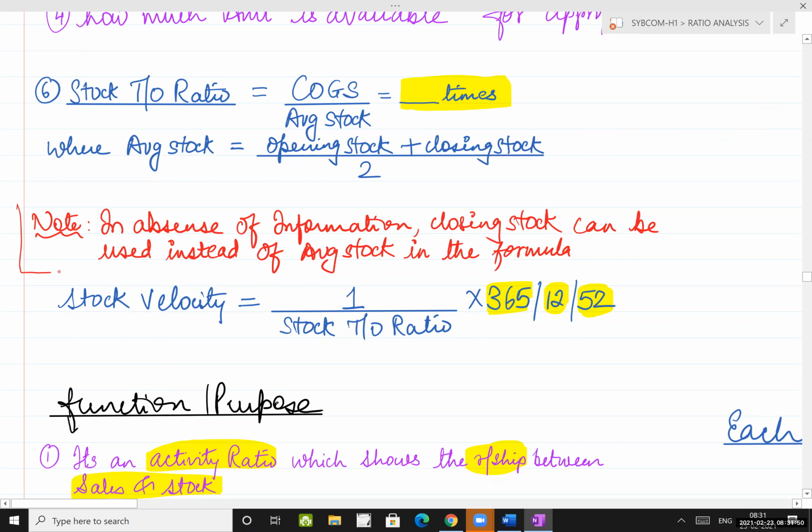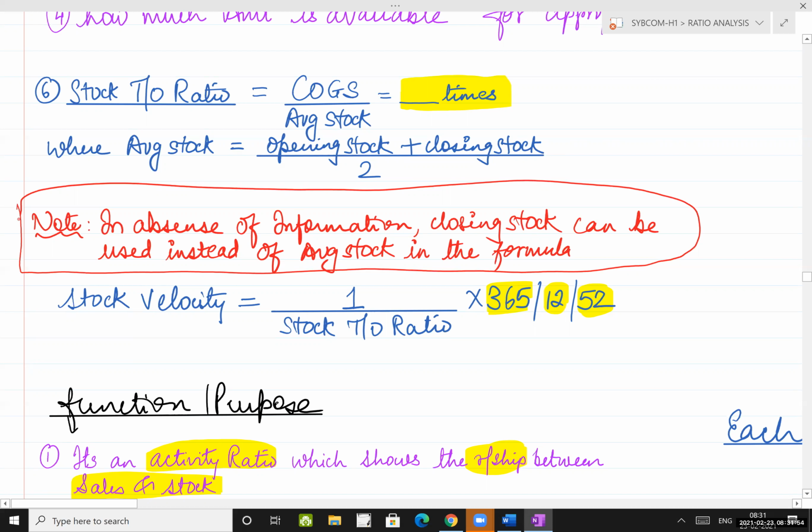And then next, write down this note. In absence of information, closing stock can be used instead of average stock in the formula. But this will happen only when opening stock is not given.